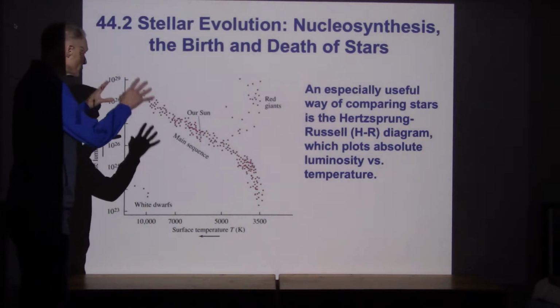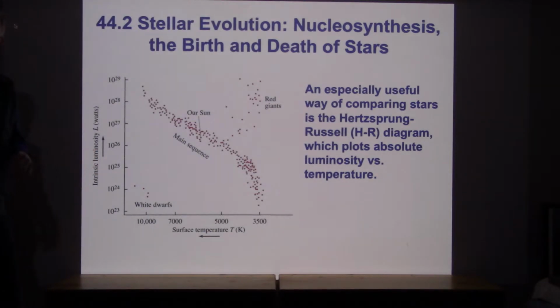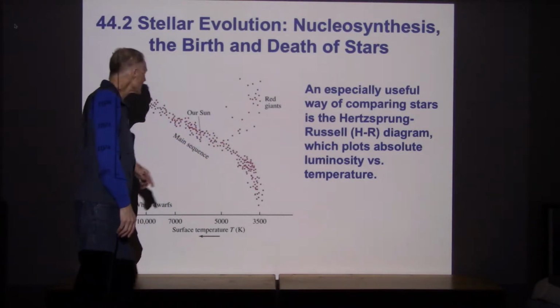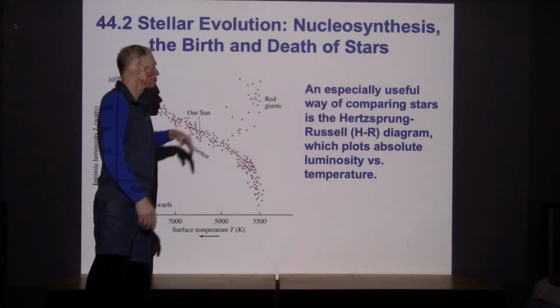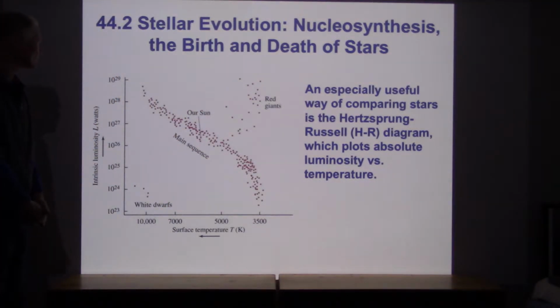So once we've determined an HR diagram, then we can say any new stars that we discover that are farther away would have to end up along either the main sequence or on one of these other branches that extend out from the main sequence.